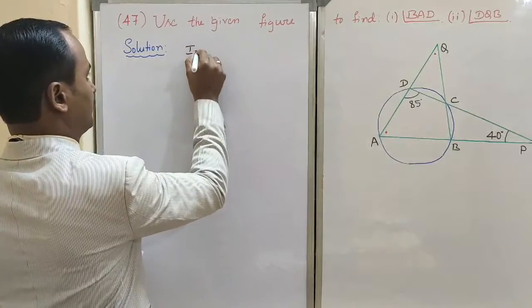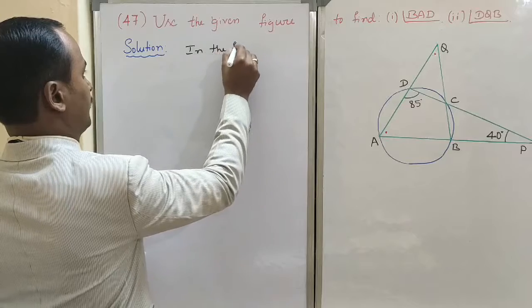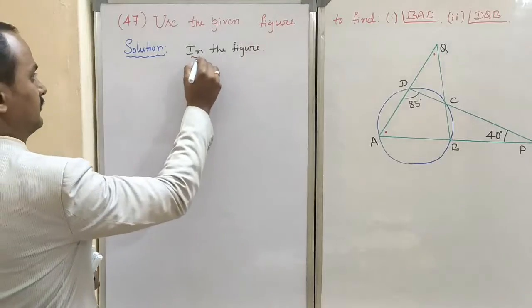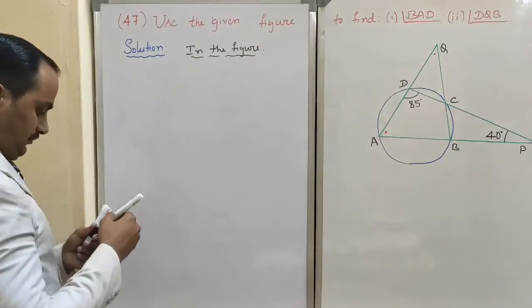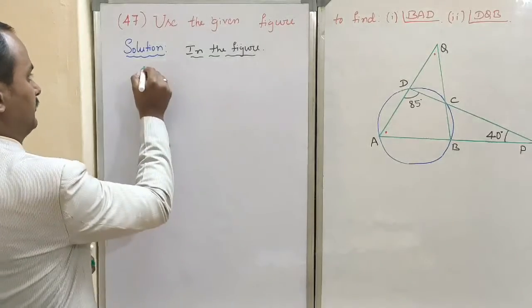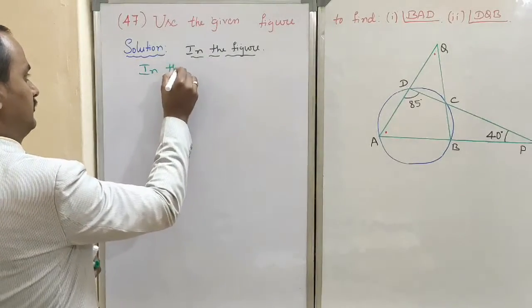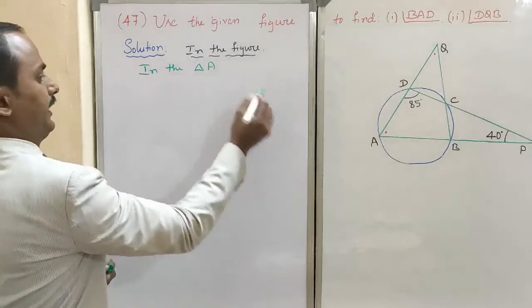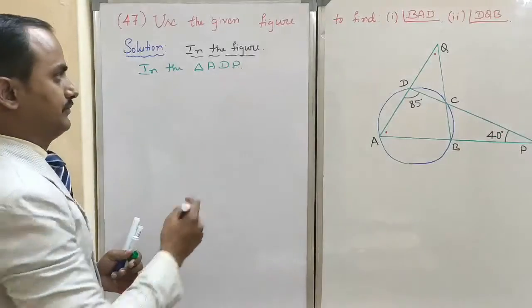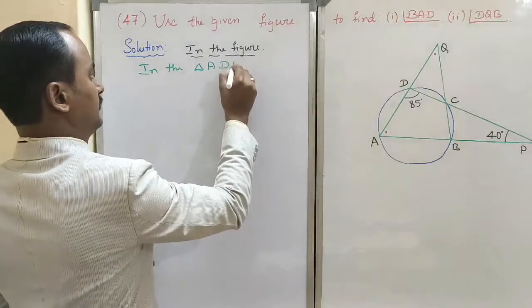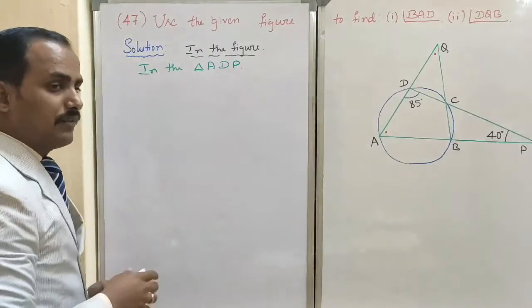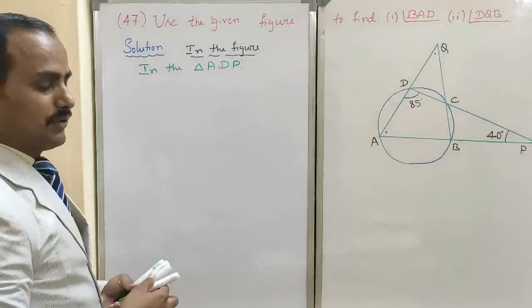In the figure, in the triangle ADP, see, the sum of angles of a triangle property.